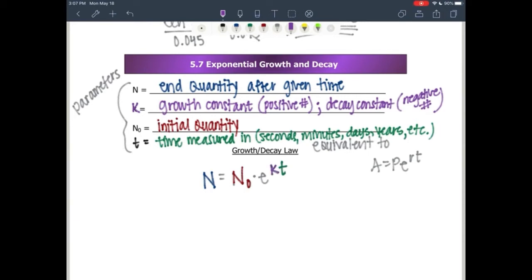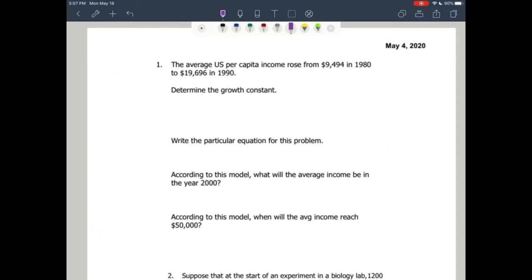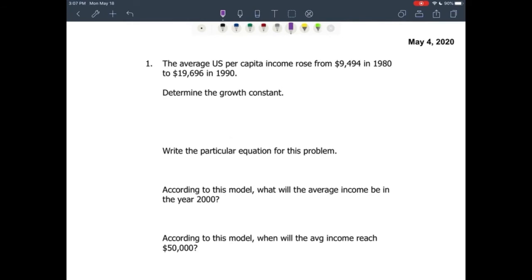Okay, so let's see if we can use this new formula in a given problem. Here we have the average U.S. per capita income rose from $9,494 in 1980 to $19,696 in 1990.